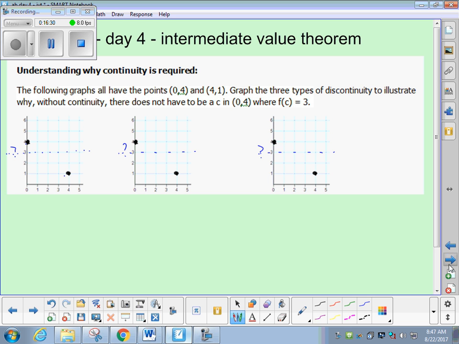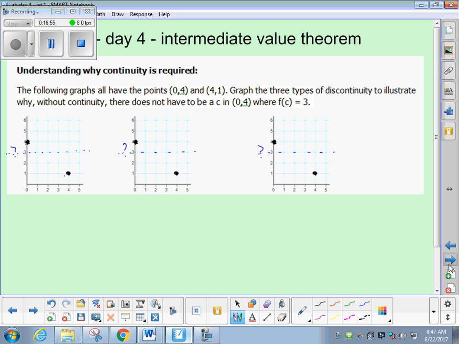What's one type of discontinuity? Jump. Okay. So give me what kind of graph could use these points so that it doesn't pass through 3? What kind of jump discontinuity would be happening so it never passes through a y of 3? Okay.